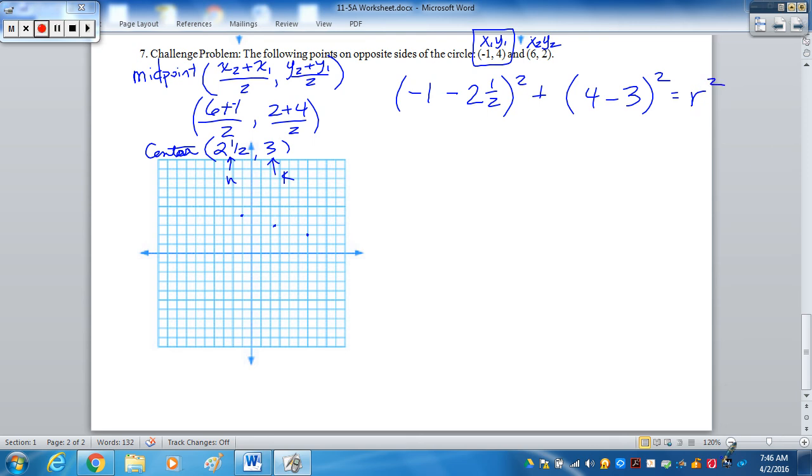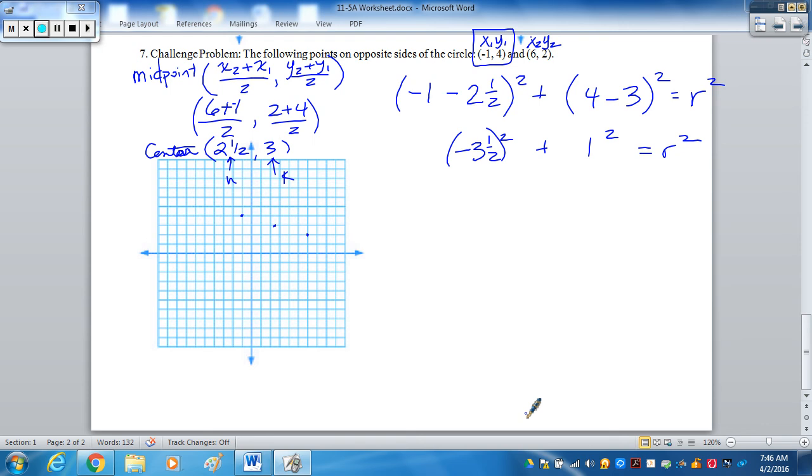Okay? So if we do this, we end up with negative 3.5 squared plus 1 squared is equal to radius squared. Okay? And I don't have negative 3.5 squared. Remember, actually, I should have probably kept this in parentheses. If you guys don't remember, when squaring a negative it becomes positive, and if you plug it in without the parentheses, it's going to show you a negative within your calculator.